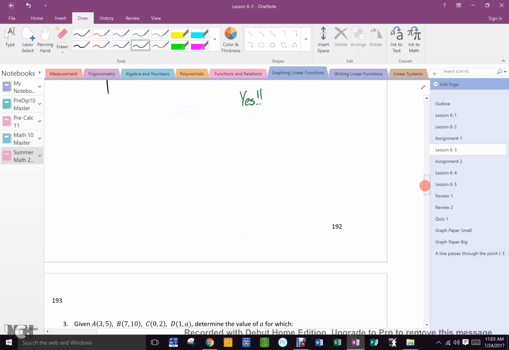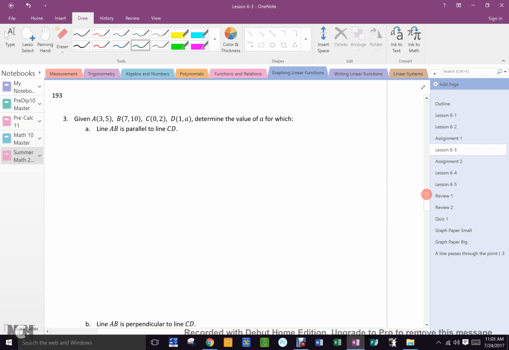All right, let's try and see. I have a line. In this first example, AB is parallel to CD. So what does that mean for slopes if they're parallel? They're the same. So the slope of AB would have to do what to the slope of CD?